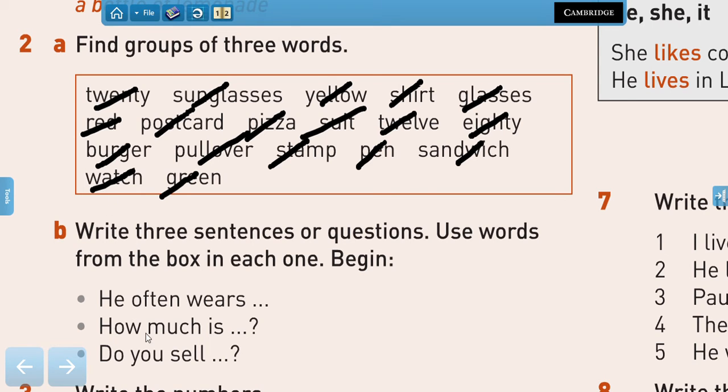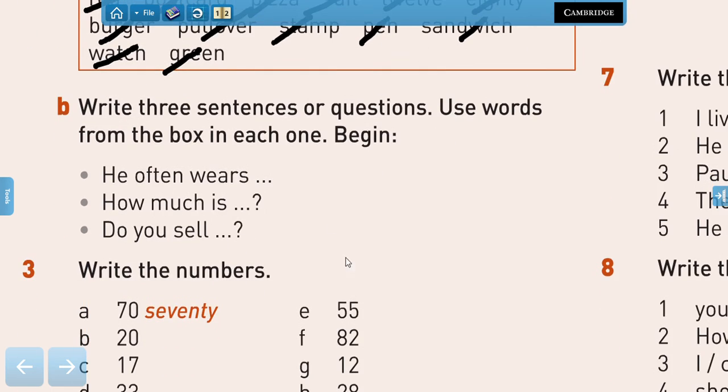How much is this suit? How much is this sandwich? Do you sell stamps? Do you sell pens? Try to use all the words, or the most that you can, in each sentence.